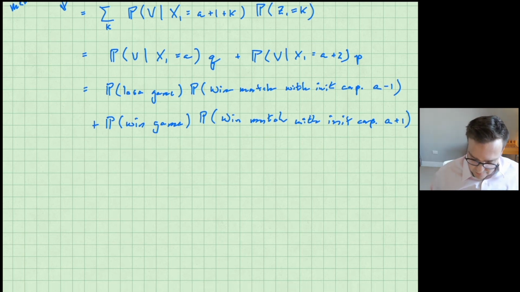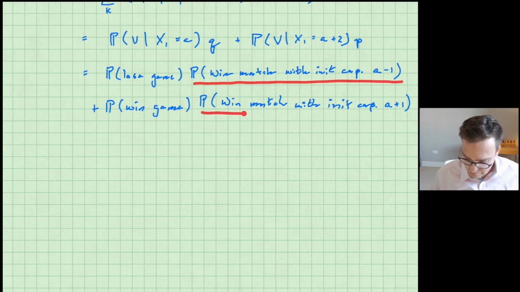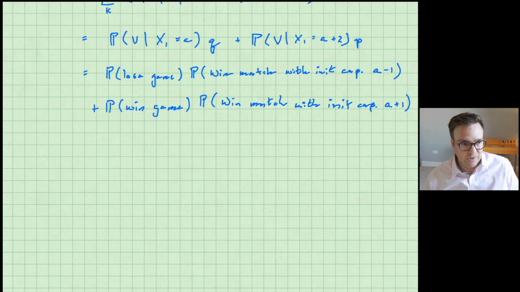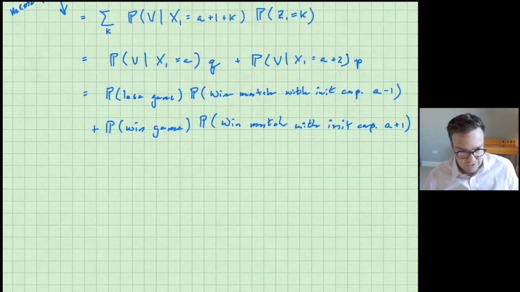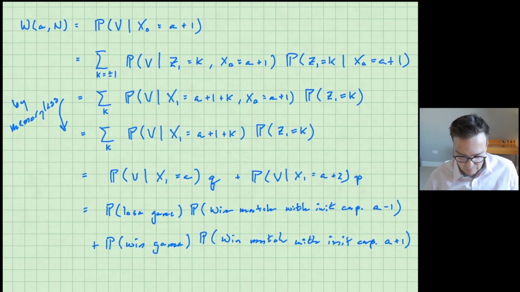Now, these things here, we have names for these, or we have a formula for this: winning a match given some initial capital. That's W. So we've got W's on the right-hand side, which is going to help us out, except that things are shifted somehow. On the left-hand side, what we're working toward is the probability of victory given your initial capital was little a.